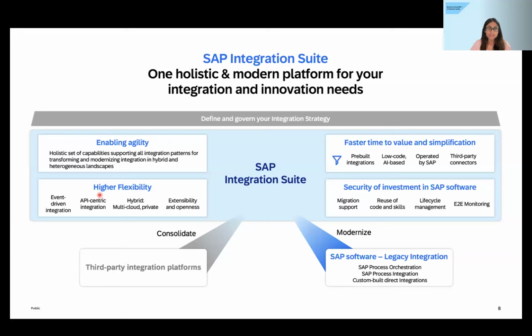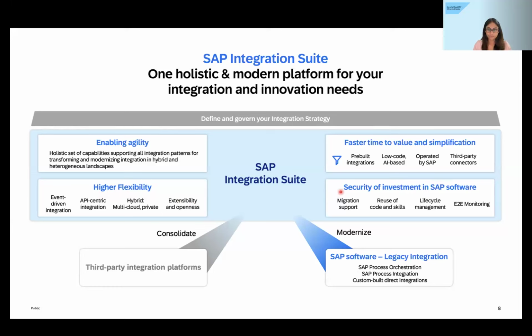So as I mentioned, we are really end to end. We provide you with an end-to-end integration solution, be it event-driven integration, API-centric integration, or hybrid integration, and we are also open to extend.